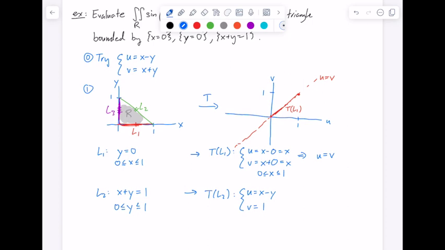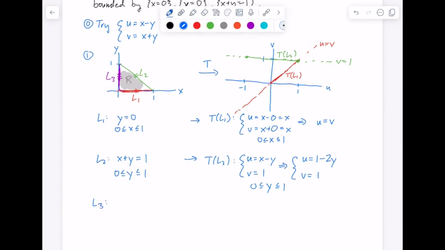And now, for the first equation, we can actually simplify further, just using the fact that v is equal to 1, and that's equal to x plus y. We have that u is in fact equal to 1 minus 2y, where y is between 0 and 1. And this turns out to be the line segment along v equals 1, where u now is between minus 1 and 1.